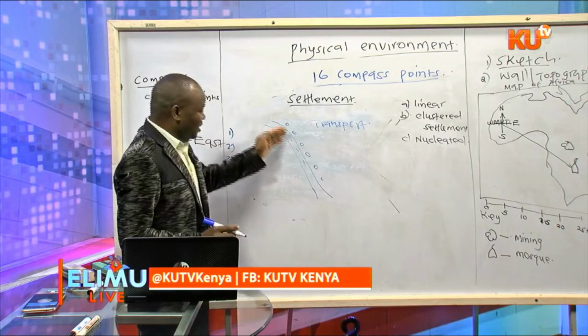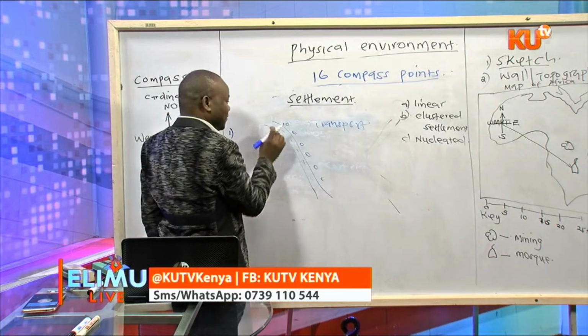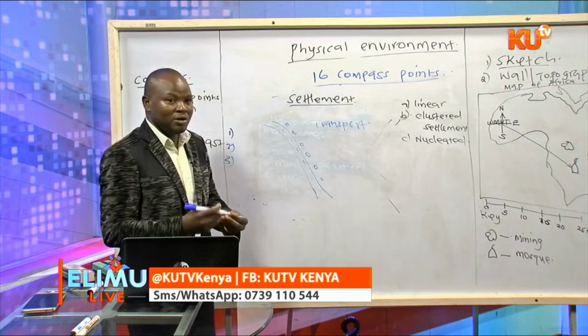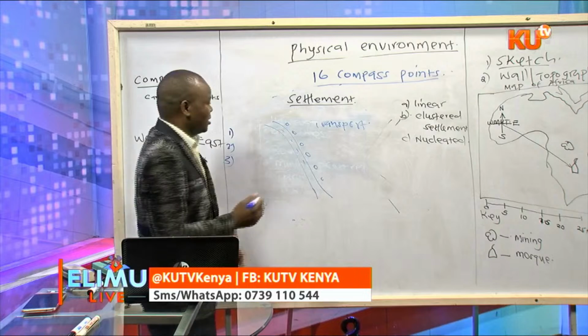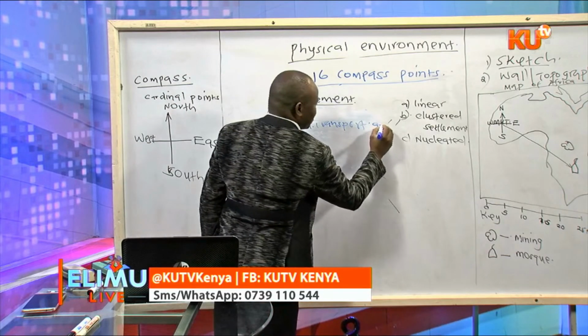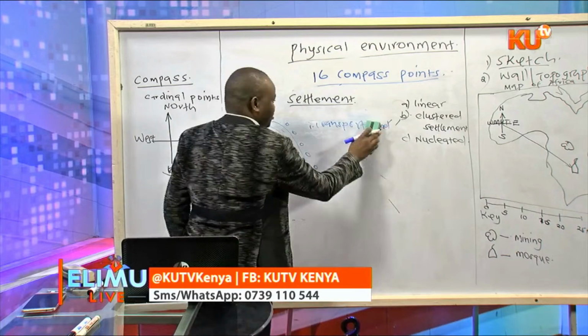Then, of course, there is communication going on. Transport and communication. When you transfer information from one point to another, it can be by means of road or by any other form. That one is going to be transport and communication.